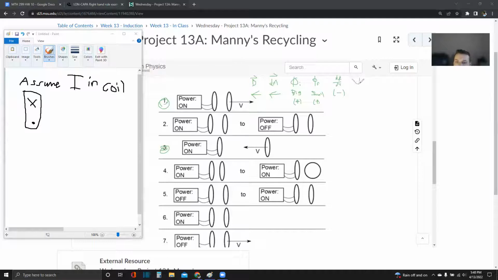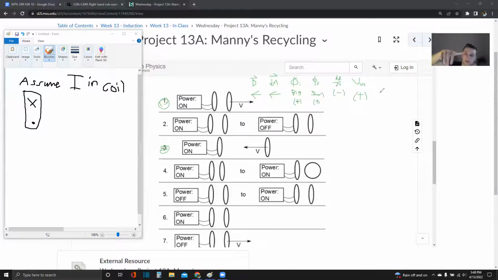We know that the V induced, the induced voltage, is opposite of the change in flux over change in time. So we know that that's going to be positive, right? And if the voltage induced is positive, then from the right-hand rule, from the notes, we point our thumb in the same direction as our area vector. In this case, we'll be pointing it to the left.